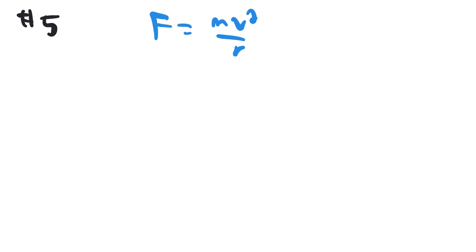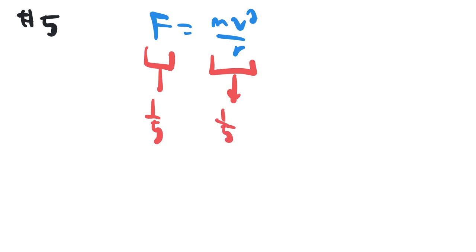All right, number 5. The engineers decide it's necessary to reduce the force by a factor of 5. If the track is fixed so that r cannot be changed, and we leave the m alone, then what should they do? And we can either increase or decrease the speed, and by what factor? Well, we want to make this side 1/5 as large, which means we need to make v squared 1/5 as large.